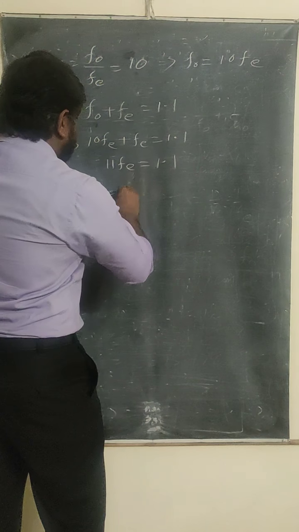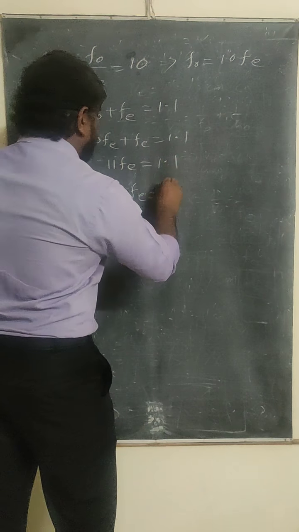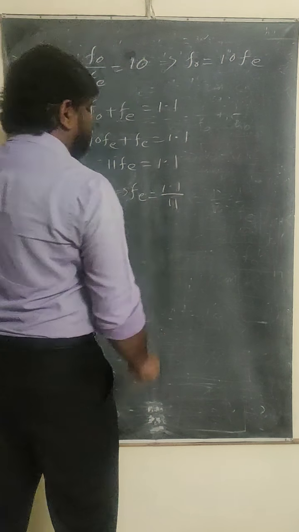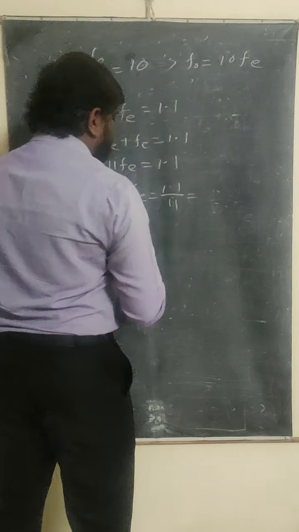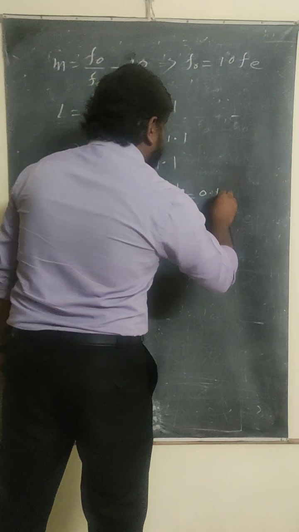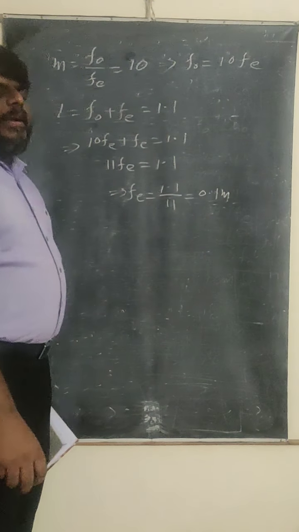That implies Fe is equal to 1.1 by 11, that means 0.1 meter.